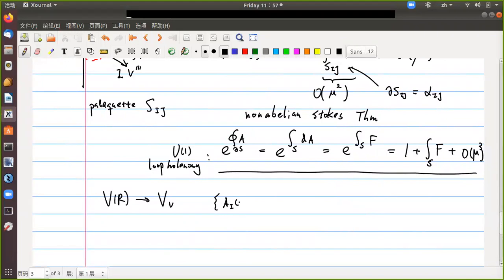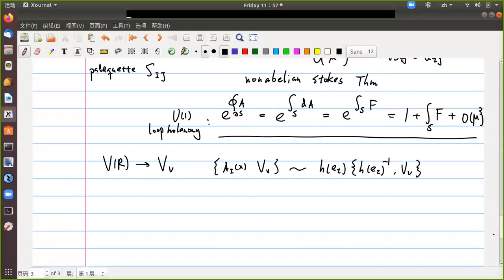So A_i(x) and the volume V relates to this quantity: the holonomy of e_i, the holonomy of e_i inverse, and then the volume. So why does it relate to that? Let me give you a proof. Let me just compute this guy.